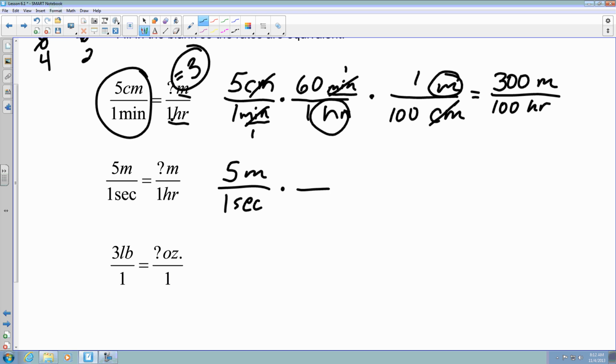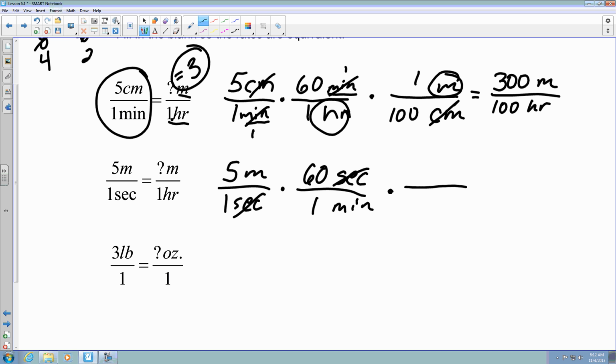I'm going to multiply it by an equivalent fraction. I'm going to put seconds on the top because I want to cancel that out. The next consecutive unit would be minutes. Okay, so 1 minute equals how many seconds? That happens to be 60. So now that cancels and that cancels. So now we're at meters per 1 minute.